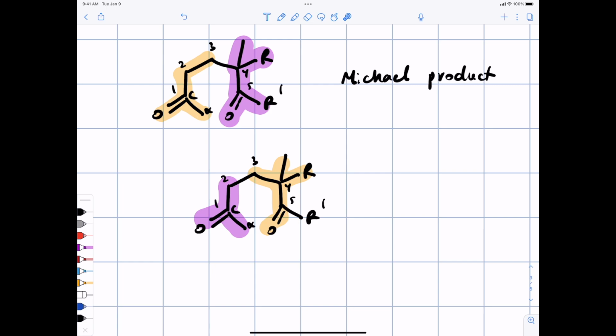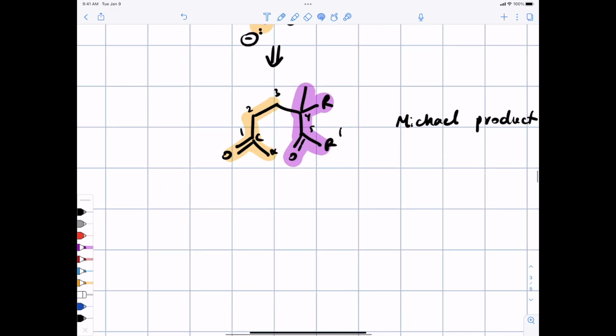Is there a problem with that? What's the problem? My alpha carbon's already tertiary. Could I fit a double bond here? No, not without breaking carbon-carbon bonds. So this approach just doesn't work. All right?